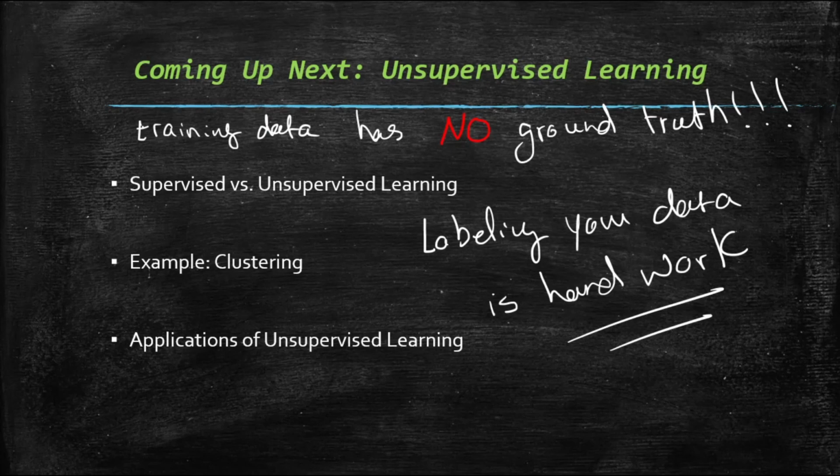That is called semi-supervised, because it's neither fully supervised nor fully unsupervised. It's somewhere in between. And then we'll talk about the applications of unsupervised learning, such as image compression, but I don't want to talk about it now. We're going to talk about it later.